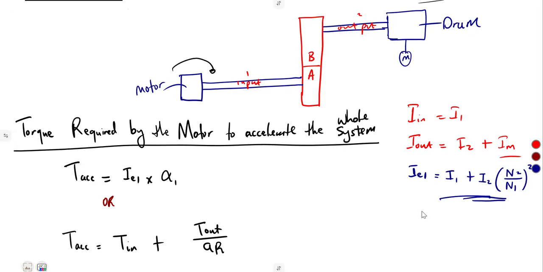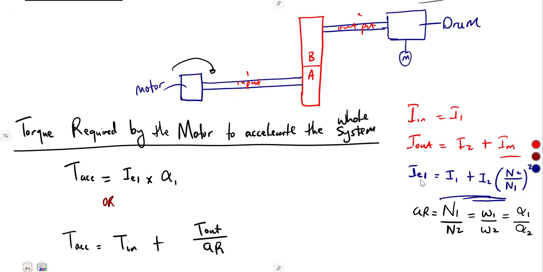Remember your gear ratio as you calculated before from the speed. If you consider speed, it's N1 over N2. If you consider omega, it's omega 1 over omega 2, which is equal to alpha 1 over alpha 2 for the angular acceleration. So remember those. That's basically what you're going to need.